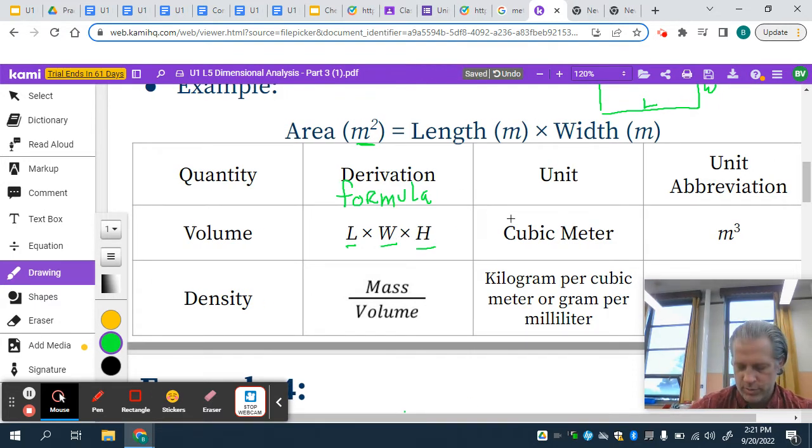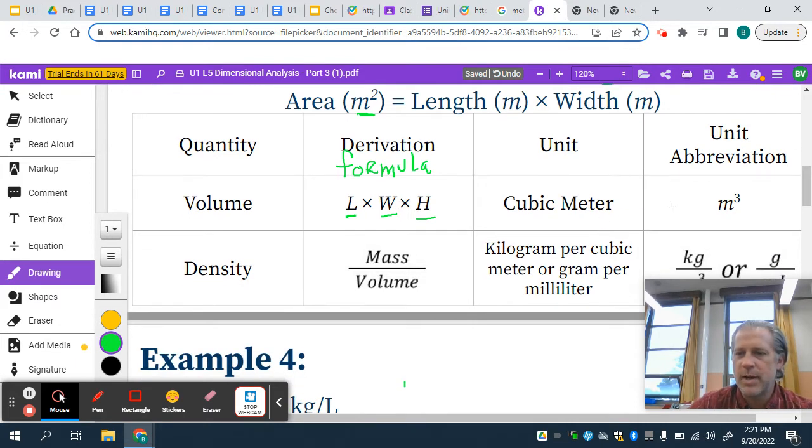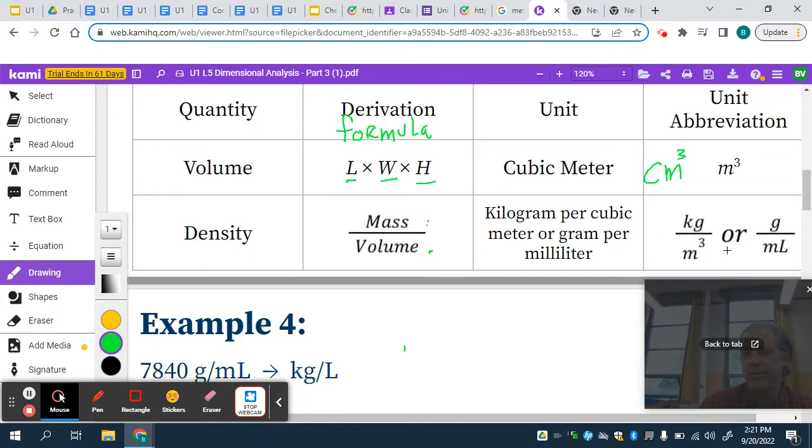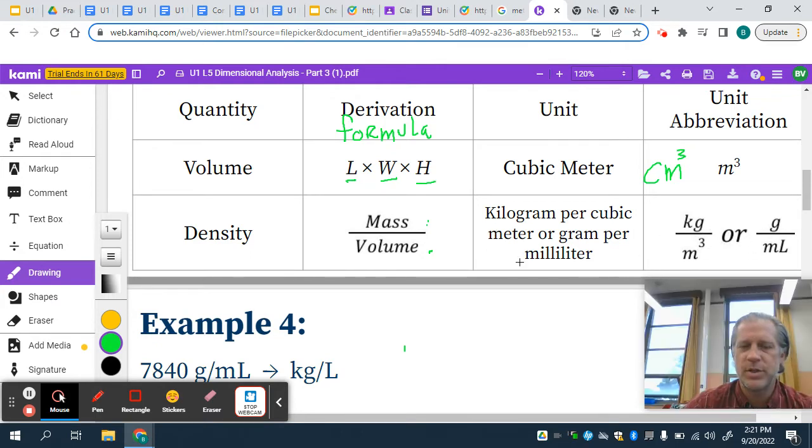However, the meter cubed is really ridiculously large, so sometimes we're going to use the centimeter cubed. Another type of derived unit is density, and density is the ratio of mass to volume. So in this case, the formula is going to be mass divided by volume, and we're going to spend more time with that in the next lesson. The unit for that is kilogram per cubic meter or gram per milliliter. And so we have these two values in terms of its unit.